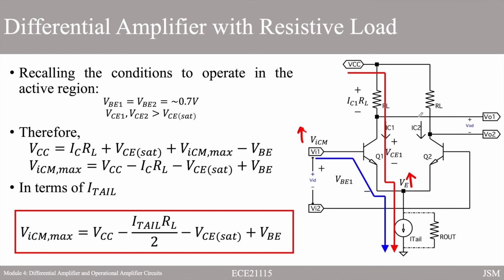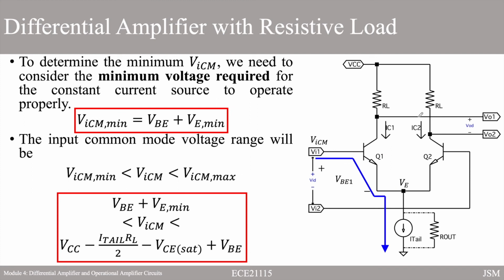Okay. Next. If we have a maximum value of the input common mode voltage, we should also have a minimum. The minimum depends on our input loop equation. So, what is the minimum voltage of our biasing voltage Vicm? Recalling earlier that Vicm is equal to VBE1 plus VE.